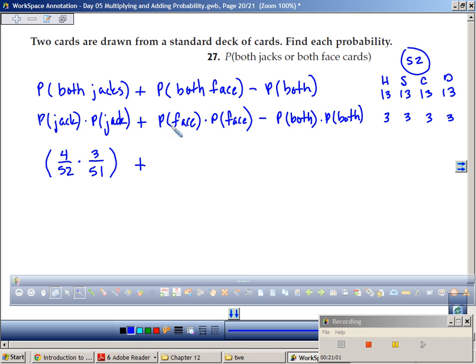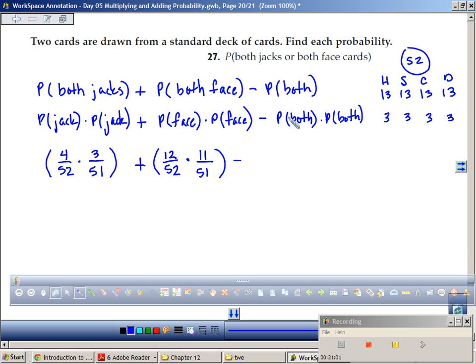Or we could pick a face. How many face cards are there? There's 3 face cards in each. So that would be 12 out of 52. And then if I picked another one, I've already picked 1, so it would be 11 out of 51. And then we've got to subtract the probability of both.